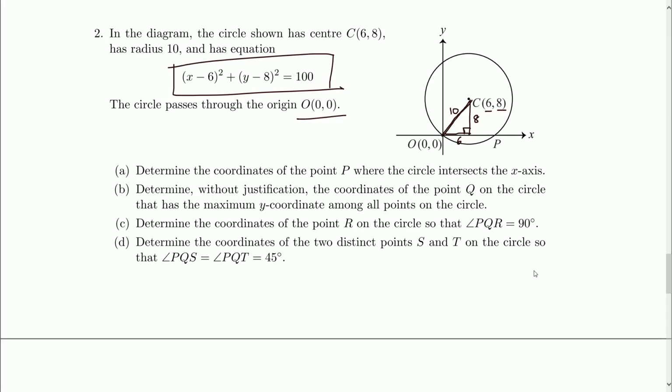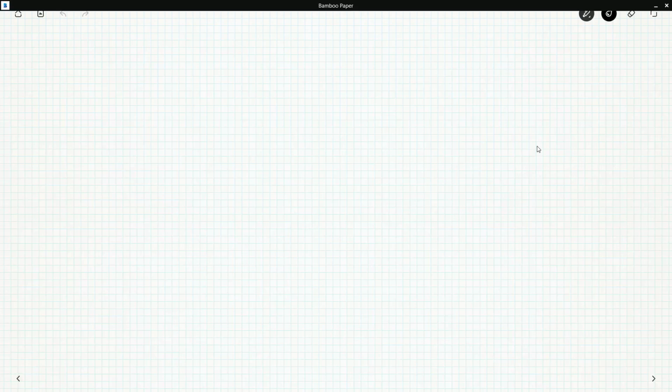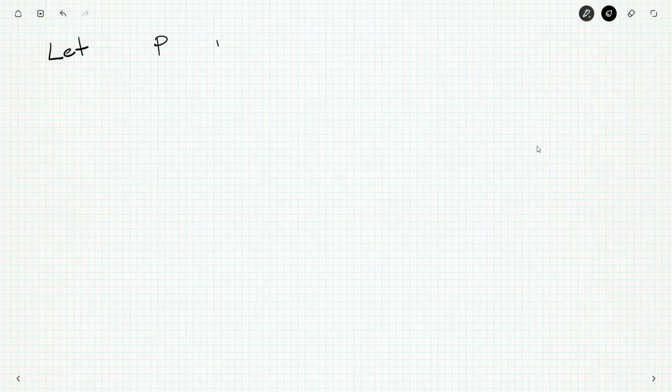So A, determine the coordinates of the point P where the circle intersects the x-axis. And I assume they mean other than the origin. So we might start this off by saying, let P have coordinates (p, 0). It might have some x coordinate, but it's got 0 for the y coordinate.